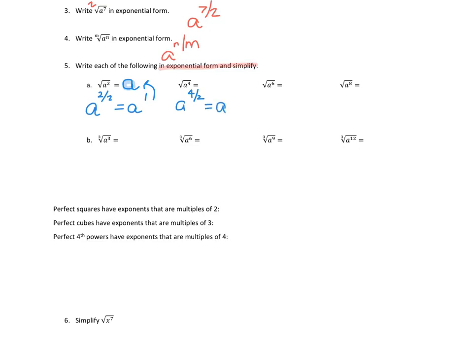So we write in exponential form and simplify. Write in exponential form and simplify the fraction. Write in exponential form and simplify. All right, let's pause it and then you guys can try the examples below.